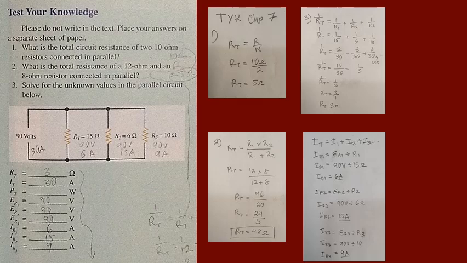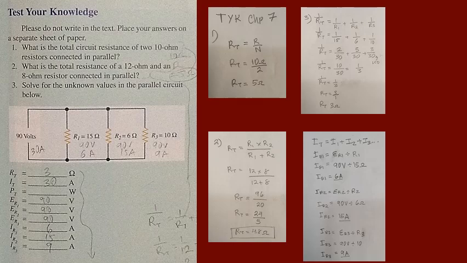So, knowledge questions. We'll work these out. Number 1, what is the total circuit resistance of two 10 ohm resistors connected in parallel? And we work that out on the right side. We simply use the formula for equally valued resistors.